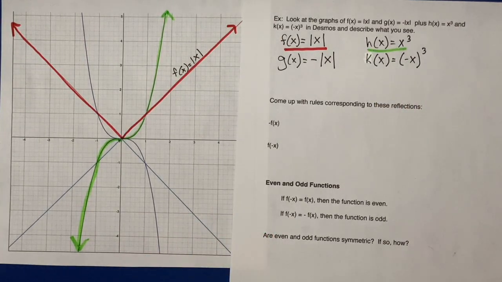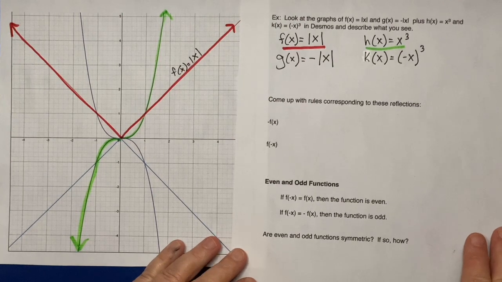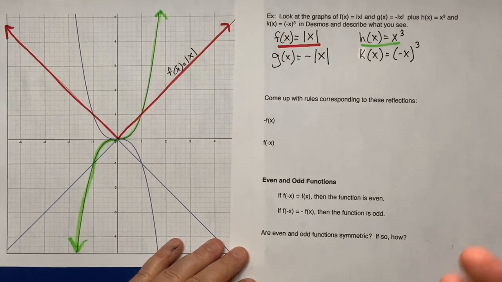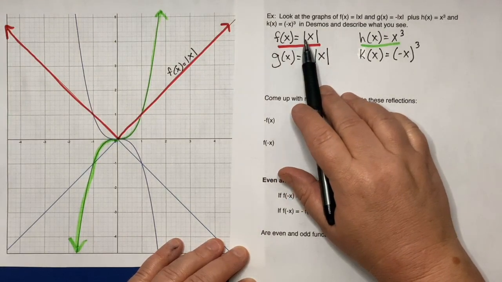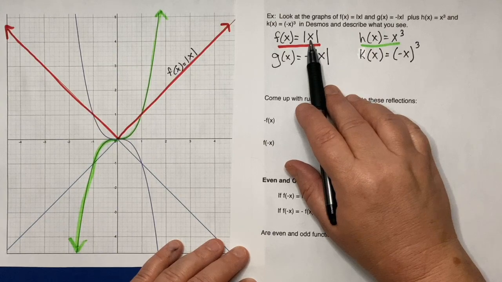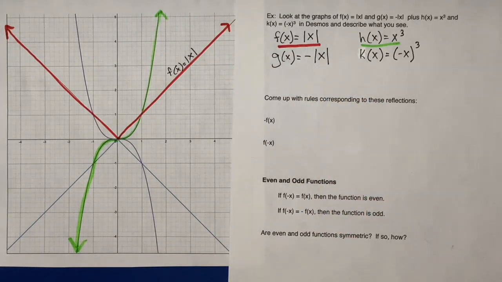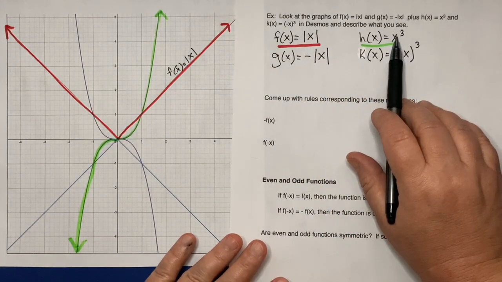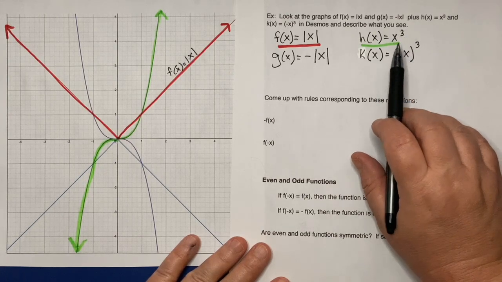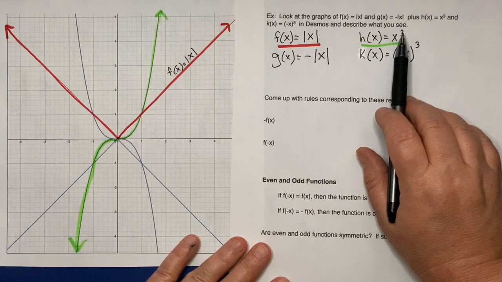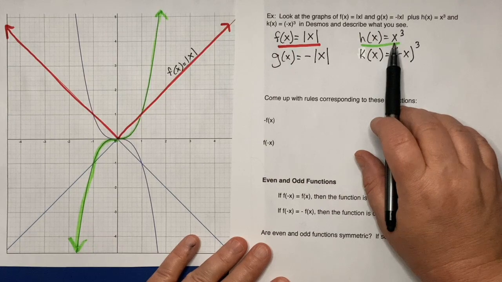And let's think about what x cubed does. X cubed is kind of almost the opposite, not exactly the opposite, of what's going on with absolute value. When we've got absolute value, it says, don't care what x is, the output will always be positive. And with x cubed, remember with the odd exponents, if you put a negative in, like if we had -1, the quantity cubed, we would get -1.